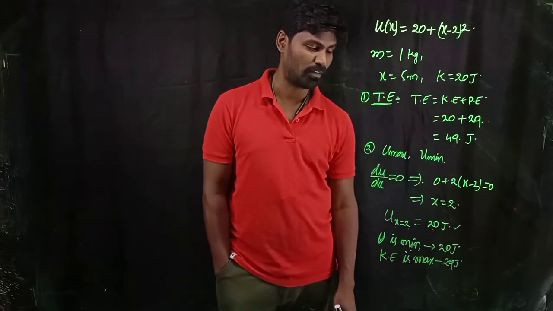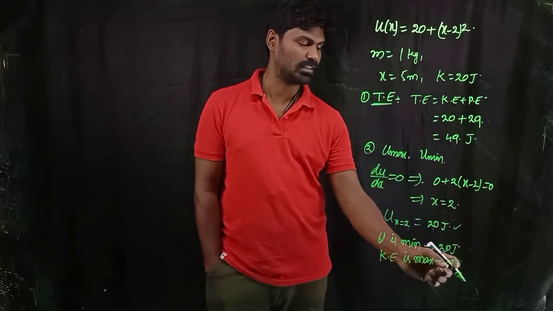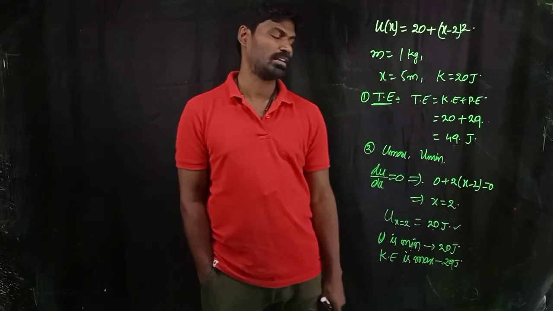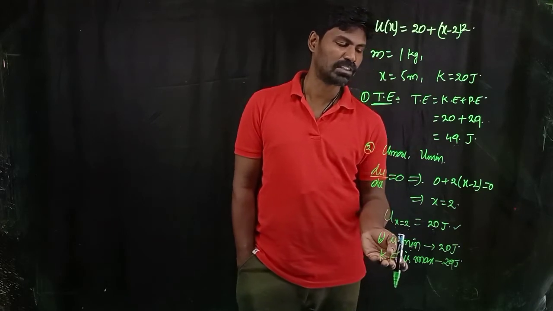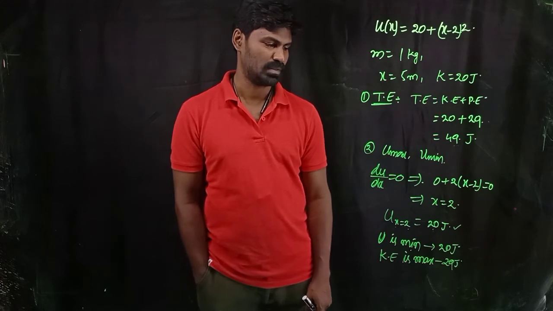Okay, next I wanted to calculate the maximum possible value of potential energy. Maximum possible value of kinetic energy is 29 joules, so now I wanted to calculate the minimum possible value of kinetic energy. At the point at which kinetic energy is minimum, potential energy should be maximum.